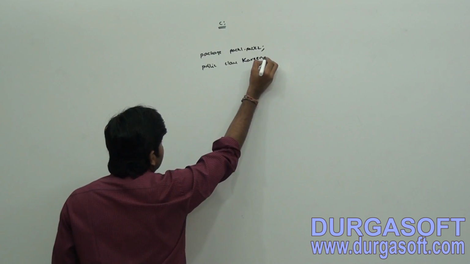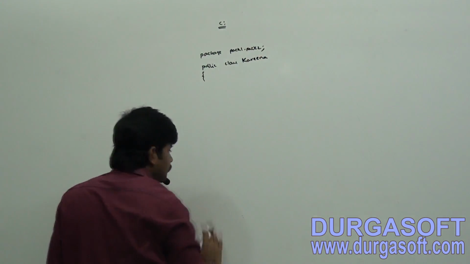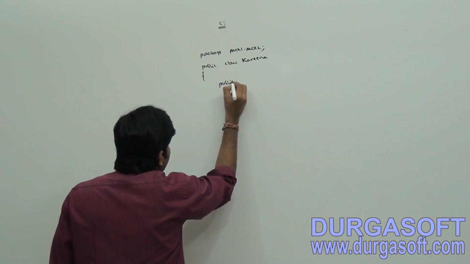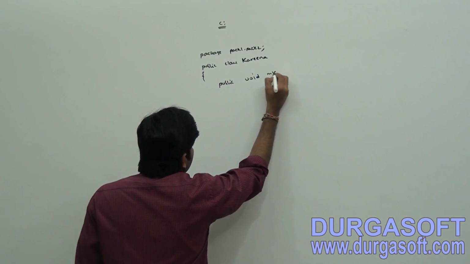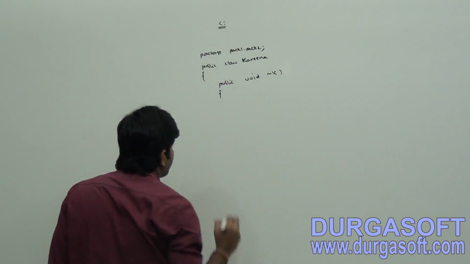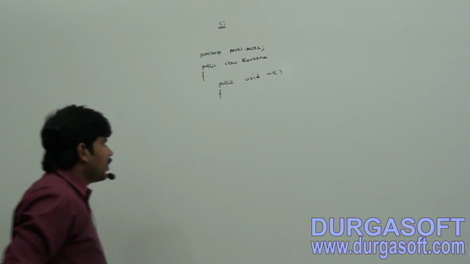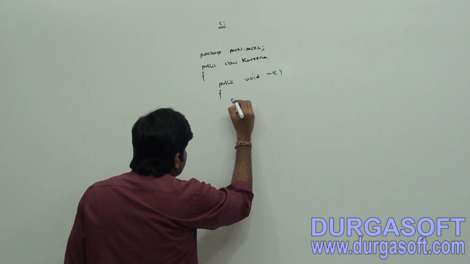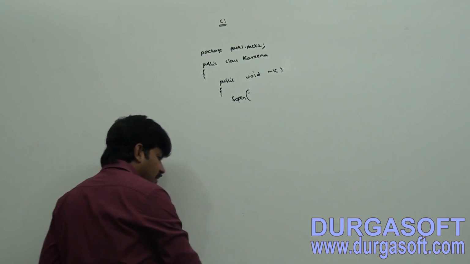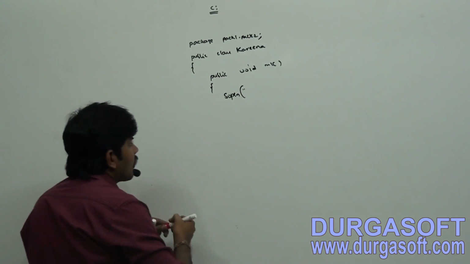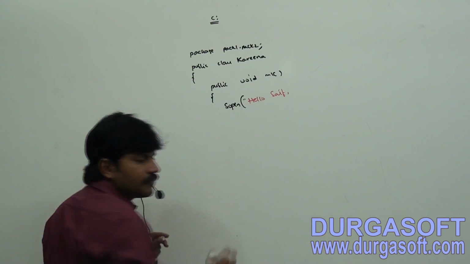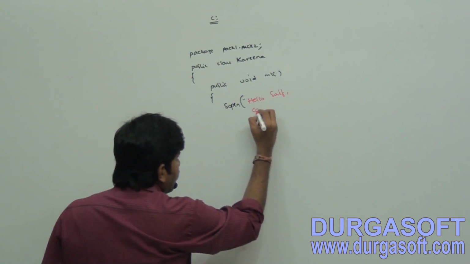You know Karina, right? Now a public void m1 method is there, with System.out.println, where Karina is telling hello Saif. Okay, can you please set a hello tune?